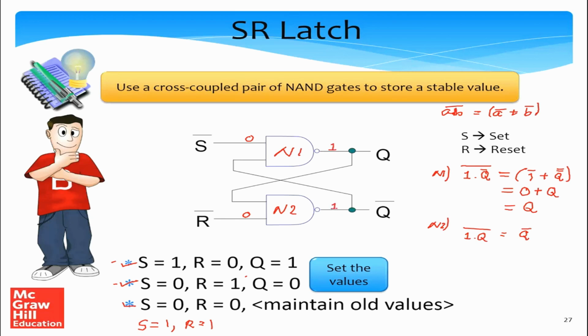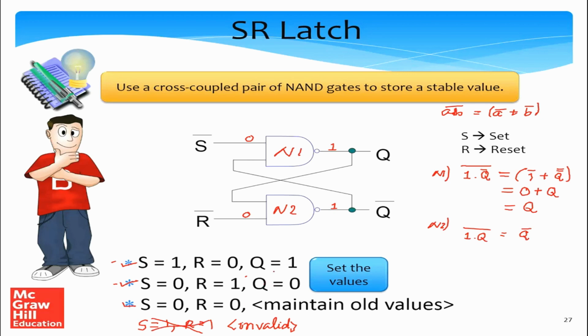And so both Q and complement of Q will be equal to 1. So in a sense, this is an invalid input, right? It sort of produces something that we don't like, so it's invalid as an input. So you cannot set and reset the latch at the same time, so we will not consider this input at all. We'll only consider the top 3 inputs.